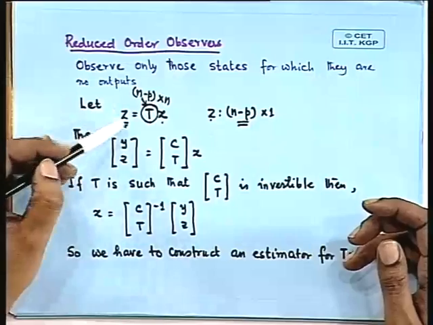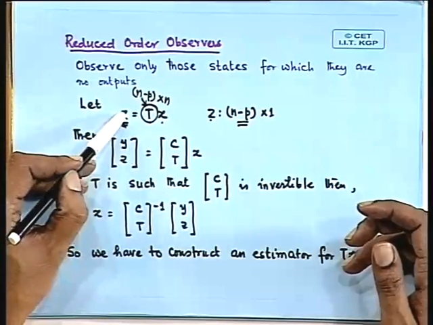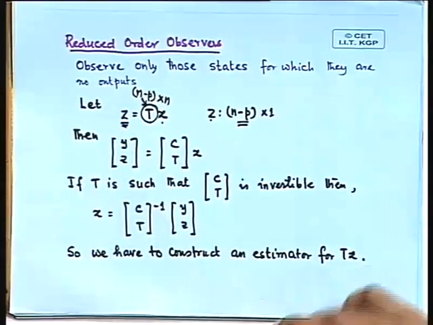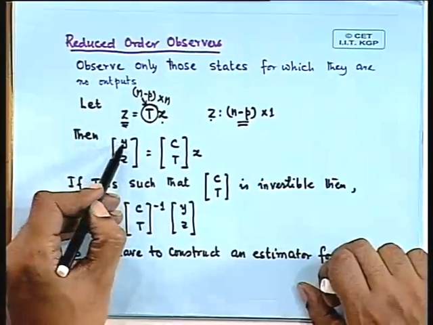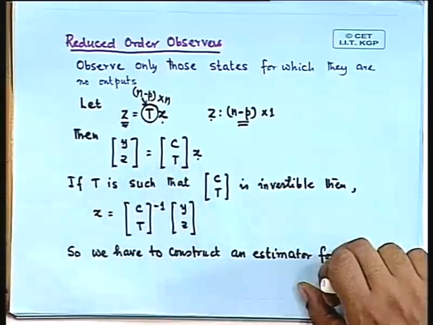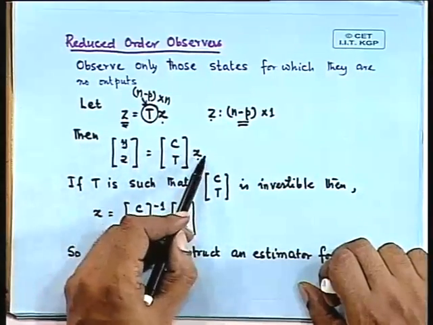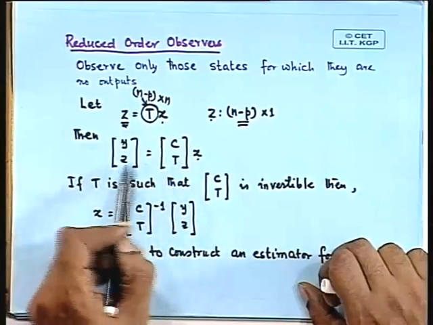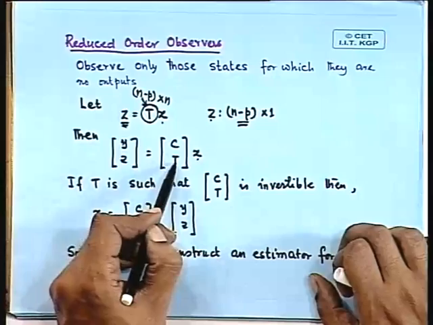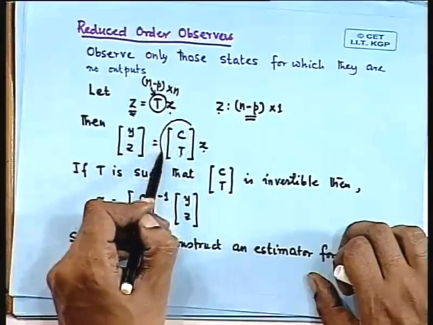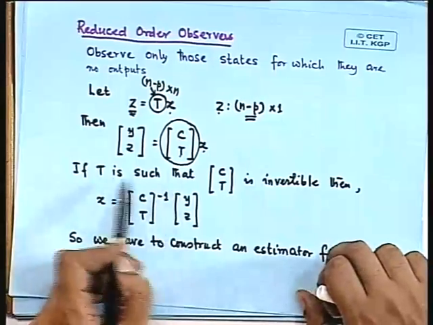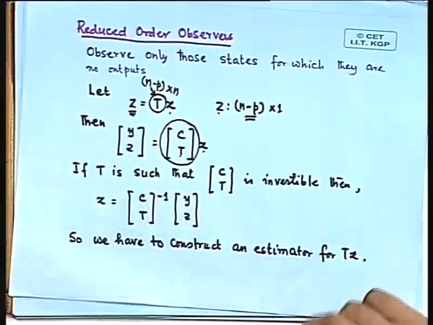Now try to estimate z. Now the question is what is the beauty of this z? The beauty of this z is that you now choose y and z. If you make this vector, it will be C T times x, because y is equal to Cx, and you have chosen z such that z is equal to Tx. Now if you choose T in such a manner that this matrix is invertible, then you could write x is equal to [C; T] inverse times [y; z].